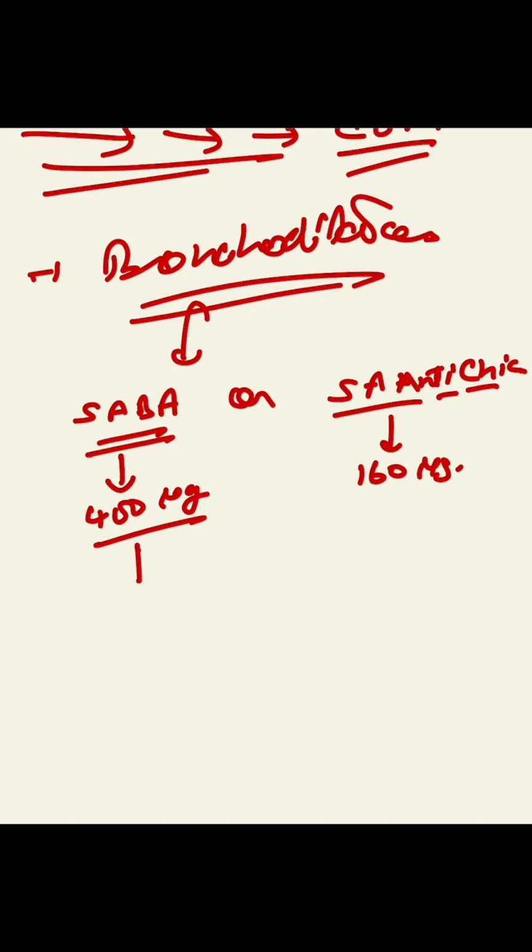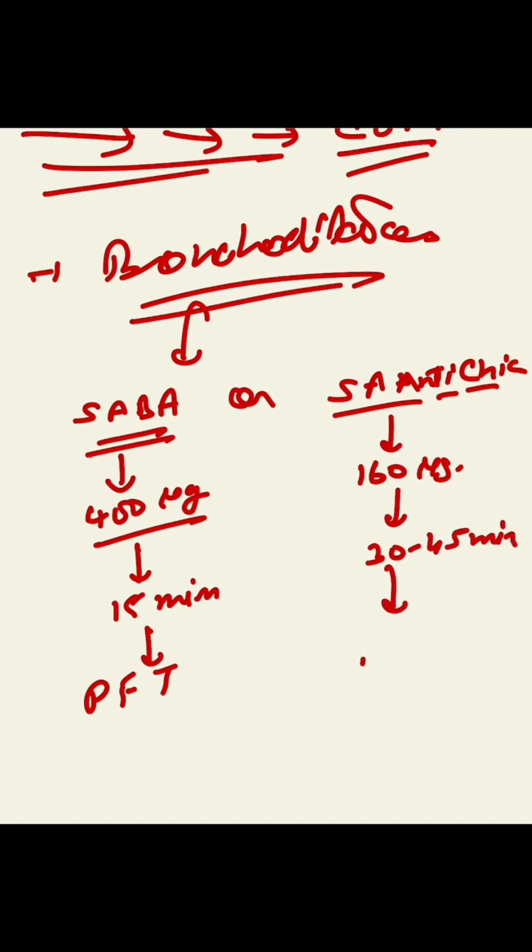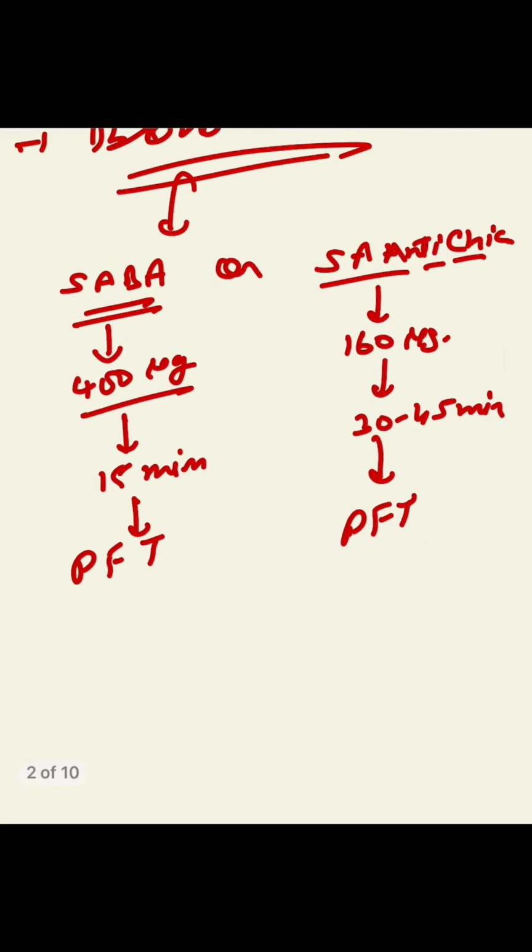After using this, we have to wait for around 15 minutes. After that we do the PFT again, and for this we have to wait at least 30 to 45 minutes. After that the PFT is done, right? So this is the method of bronchodilator reversibility test that we can use.